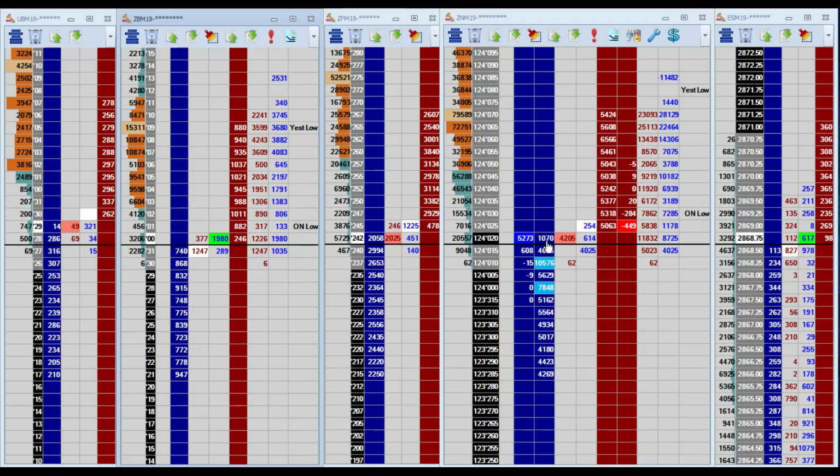Just don't know what this is worth. If I were to fade it up, we're going to get some pushback at the overnight low that would act as resistance. So it'll really only be good for 1 or 2 ticks maybe.